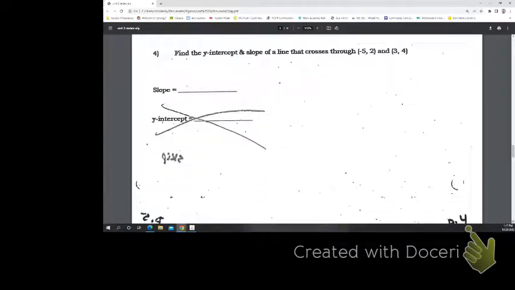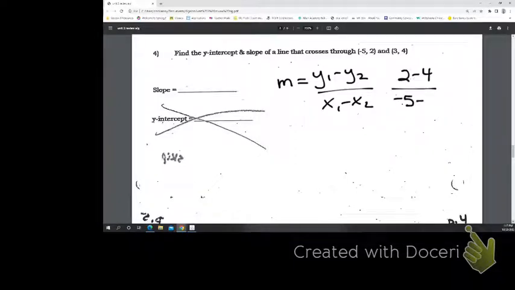Here you're just going to be asked to find the slope. The y-intercept, if we tried to do it with these points, would be messy. I tried to change numbers, and I didn't think ahead far enough. So we're only doing the slope here, and remember that's where we subtract the y's on top and the x's on the bottom. You can go left to right or right to left. The way I have it written, I would do 2 minus 4 over negative 5 minus 3.